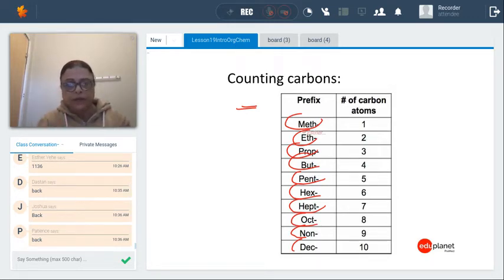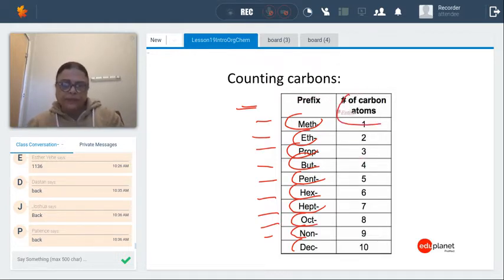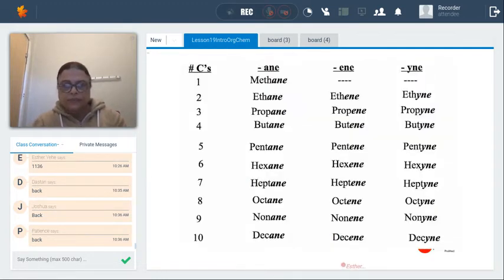The good thing about naming organic compounds is that when you hear the name, you know the structure. First of all, you need to be able to say how many carbons the molecule contains: met, et, prop, but, pent, hex, hept, oct, non, dec. You need to be able to count in chemistry. Counting carbons is the first step.